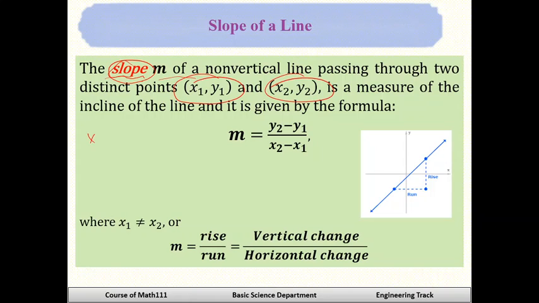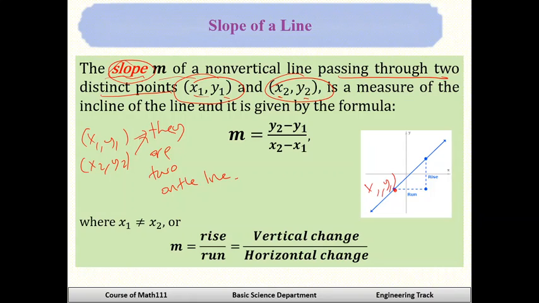These x1, y1 and x2, y2 are 2 points on the line. Because it says the slope of a line passing through two distinct points. So let's say this is x1, y1, and this is x2, y2.